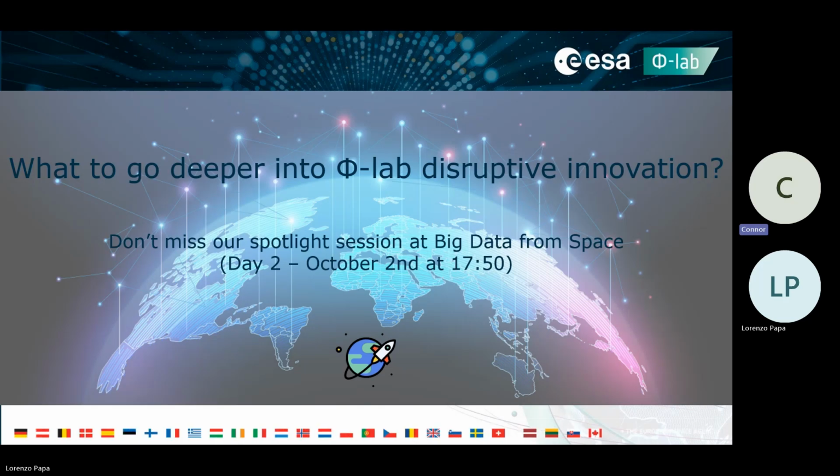And if you want a bit more detail, don't miss the session of the BiDS conference on the 2nd of October, in which there will be people more focused on these aspects, mainly from the Explore office and the Invest office that we have inside the PhilHub, to give you an overview of how you can collaborate and work with us.